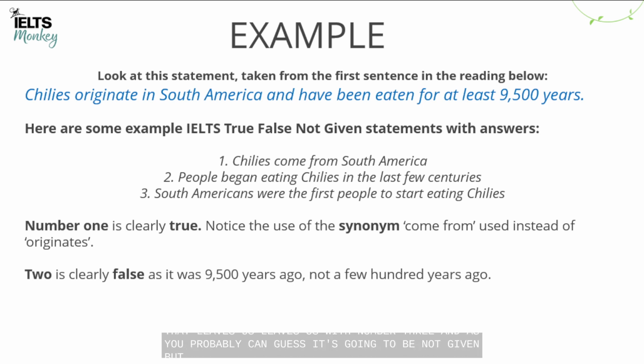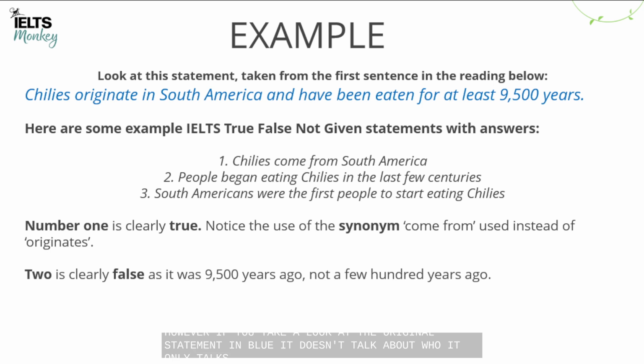Finally, that leaves us with number 3, and as you probably can guess, it's going to be not given. But why? So, number 3, what question word does it answer? Is it answering where chilies come from? Is it answering how long people have eaten chilies? No. It's answering the question, who? Who were the first people to start eating chilies? However, if you take a look at the original statement in blue, it doesn't talk about who.